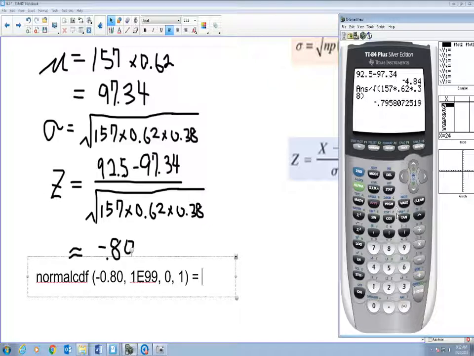So second distribute, number 2, negative 0.80, comma 1e99, comma 0, comma 1. So the area to the right is about 0.7881.